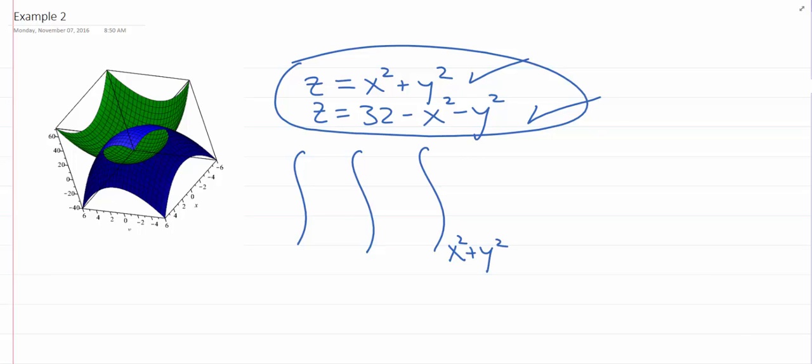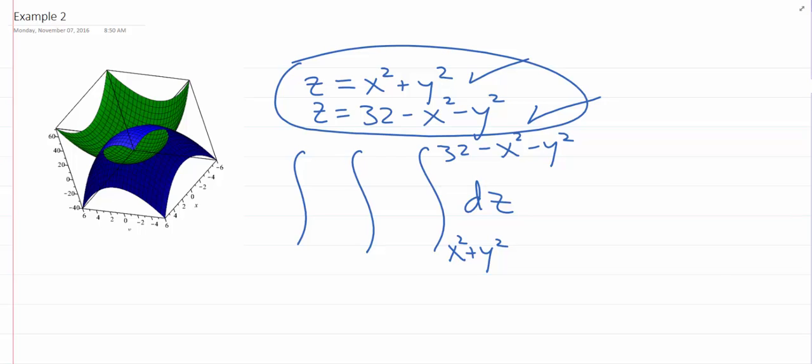The upper part is going to be 32 minus x squared minus y squared. And I'm integrating with respect to z first. And you might think, we should use polar. Yeah, I think polar might be better. But I'm just trying to set this up and show you, and like I say, I'm not going to integrate it.